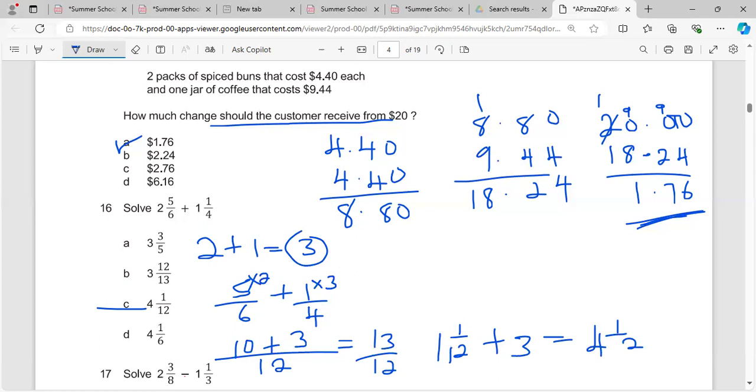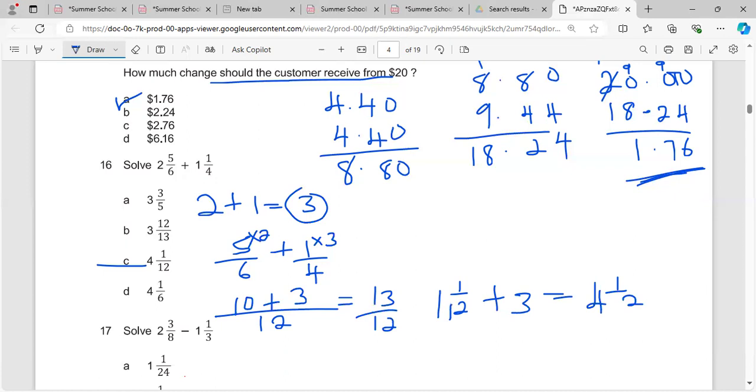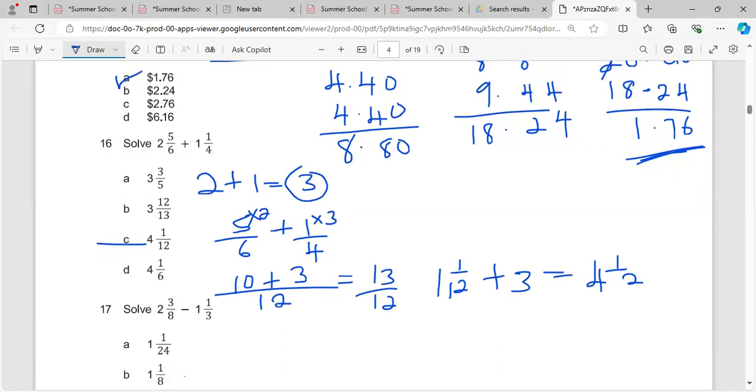All right, let's see if we can do 17 while showing these. Solve 17, guys. 2 and 3/8 minus 1 and 1/3.